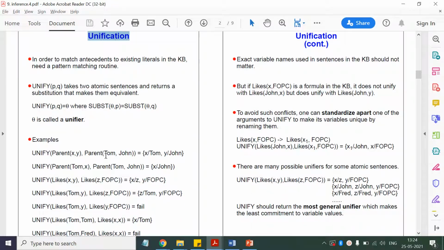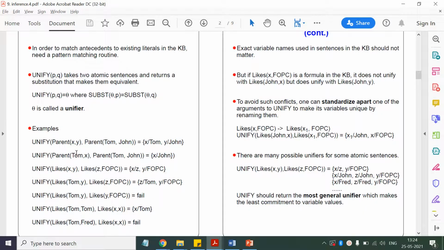So in unification we try to unify two atomic sentences. This P and Q are the two atomic sentences. We have defined this function unify. You unify these two sentences, and this will return a substitution list. Now see the example here. I will provide one sentence and a second sentence.